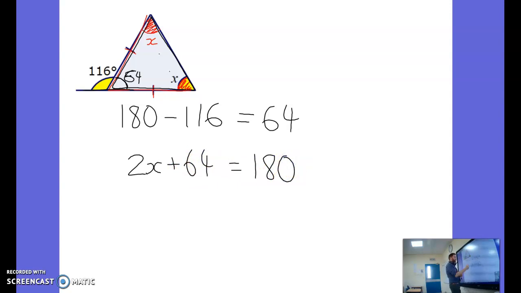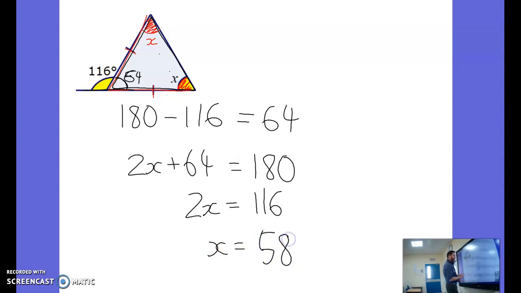So now if I do 180 minus 64, I actually get back to the 116. So 2x equals 116. And then if I divide by 2, I get x equals 58. And that means that these are both 58. 58 there and 58 there. Okay, let's have a look at another one.